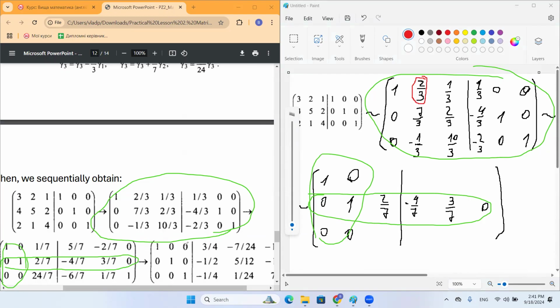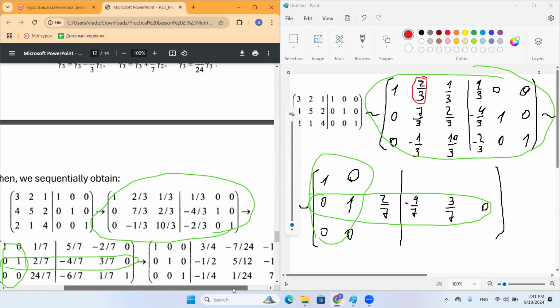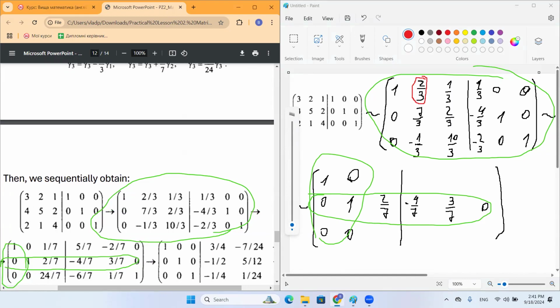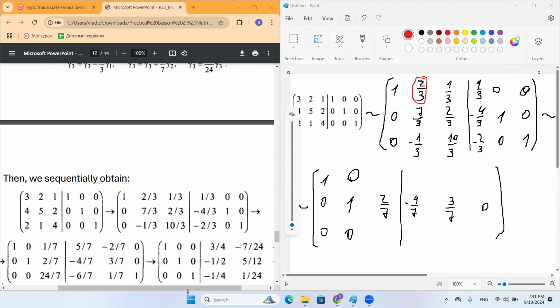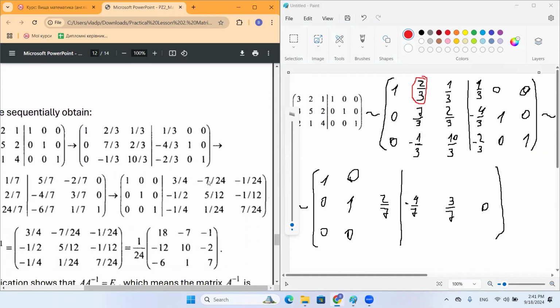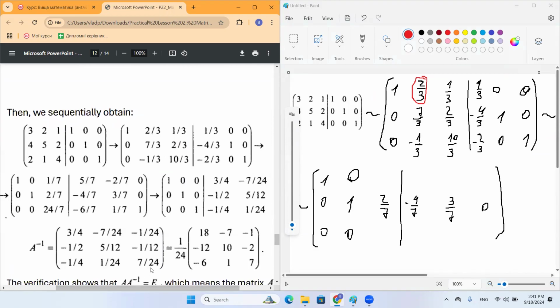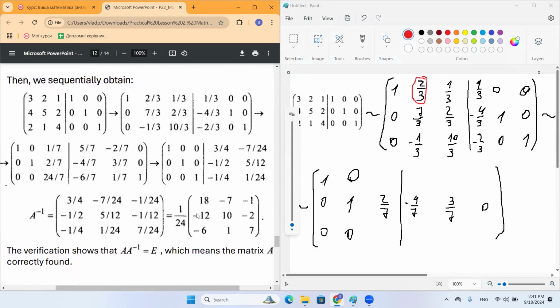And this matrix becomes the identity matrix. Let me clear it. And this matrix is the identity matrix. And now, for better reading, we can move this fraction out of the matrix, out of the brackets, and it will be more readable.